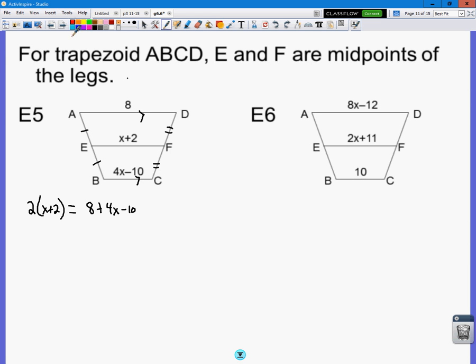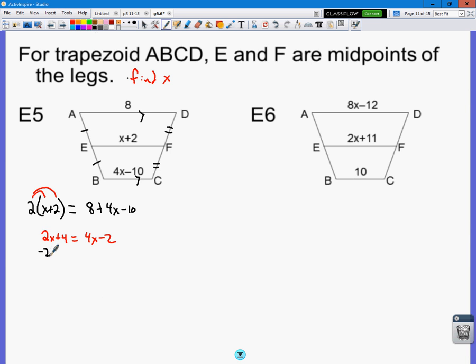It's asking me to find the value of the variable. I know it doesn't say it, but that's what they're asking. Find x. So I'm going to distribute this 2. 2x plus 4 equals 4x minus 2.